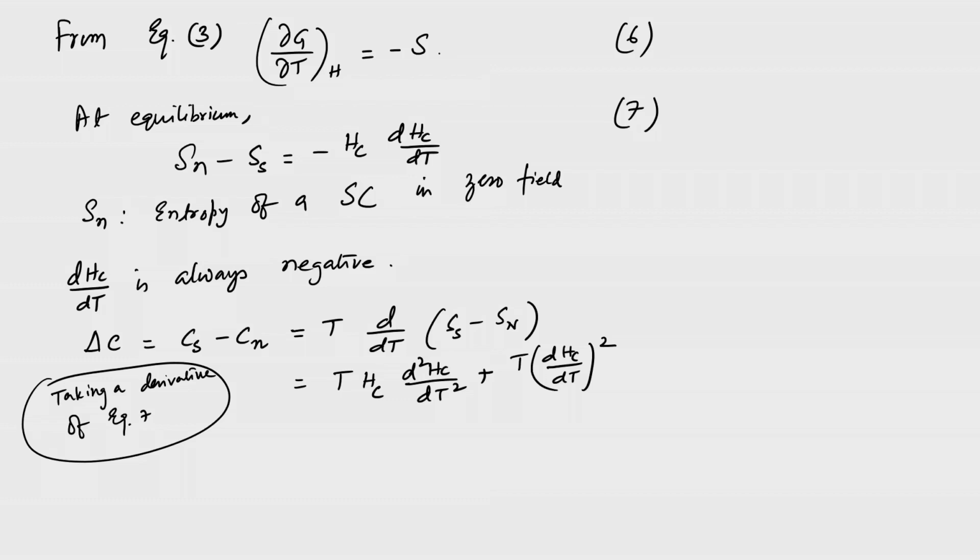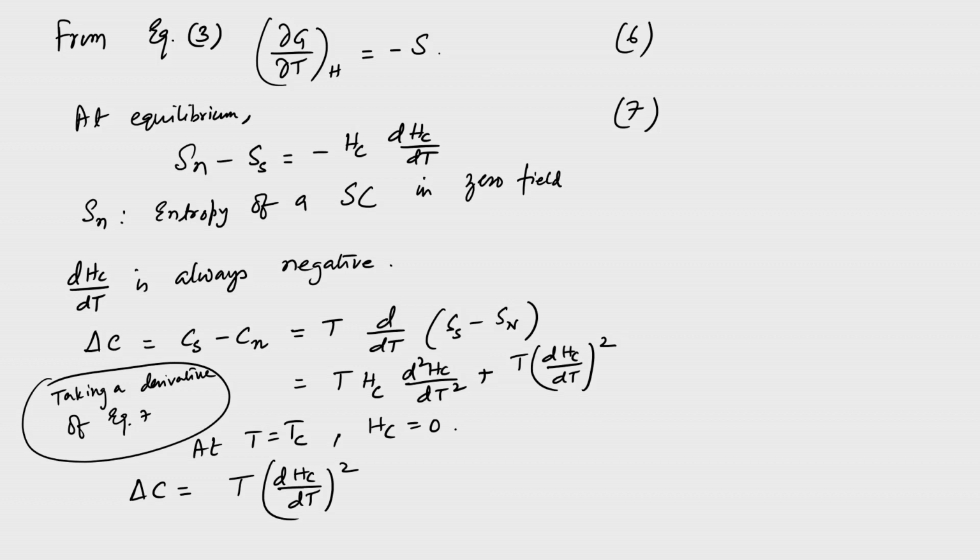Now, it is important to understand that there are of course two terms there. But the first term is equal to 0 because at T equal to T_c, H_c equal to 0. So, the first term vanishes, but the second term continues to be there, which is equal to T (dH_c/dT) square.